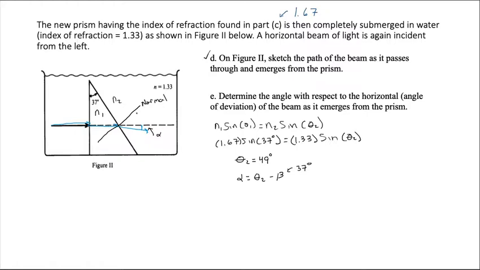Beta is just the opposite: if this is our theta 1, that's our beta. They are the same. And so alpha is going to be 49 degrees minus the 37 degrees, and so alpha works out to be 12 degrees.